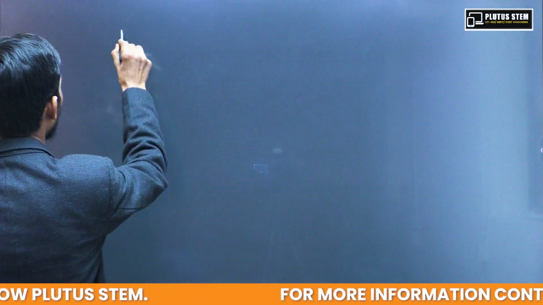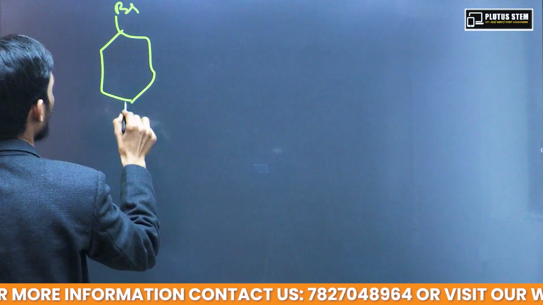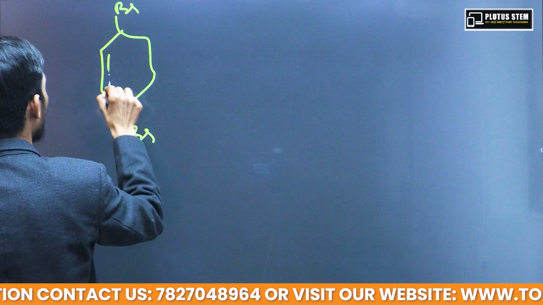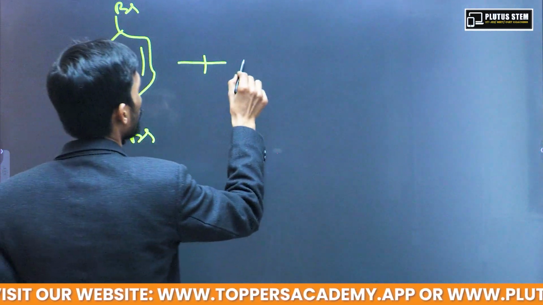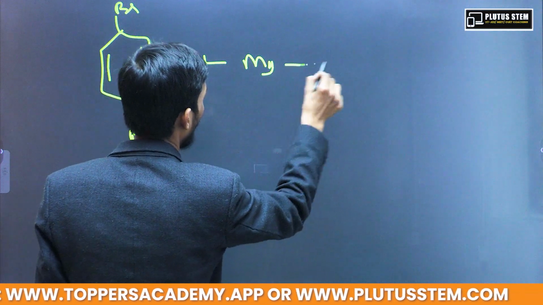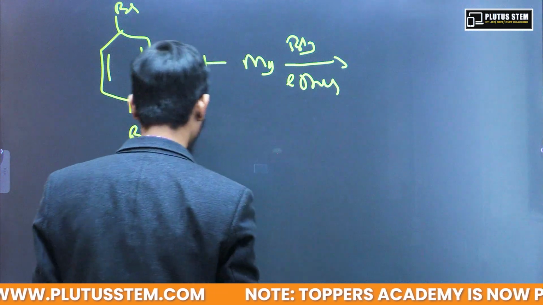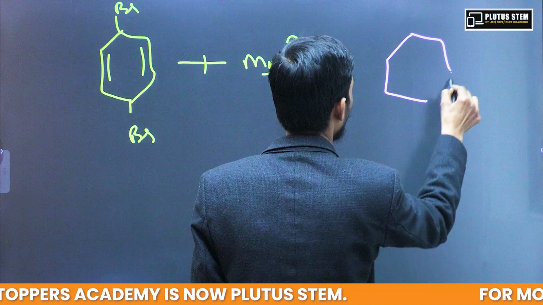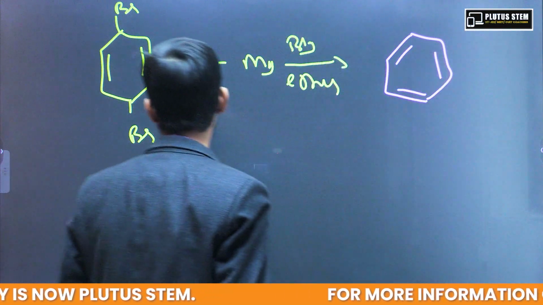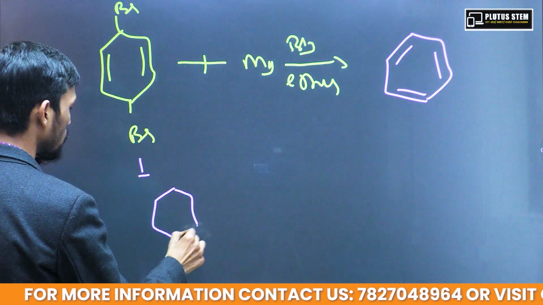To confirm that this free radical is being formed, if we have a reagent like this plus Mg in dry ether, the product which we are going to get over here is benzene. How does this reaction proceed? It proceeds through a mechanism like this.